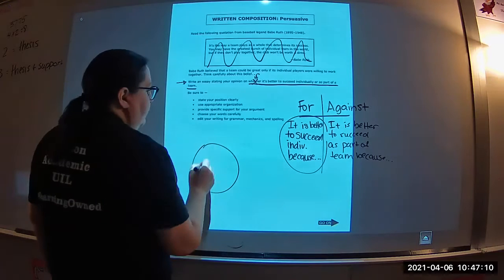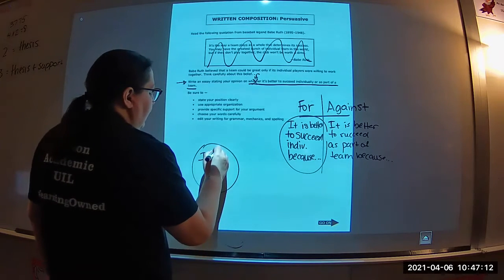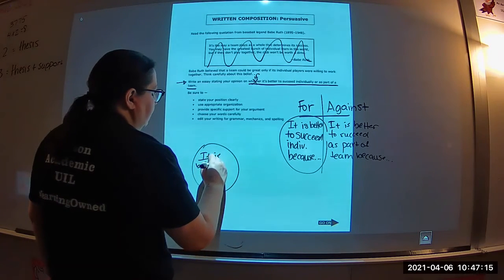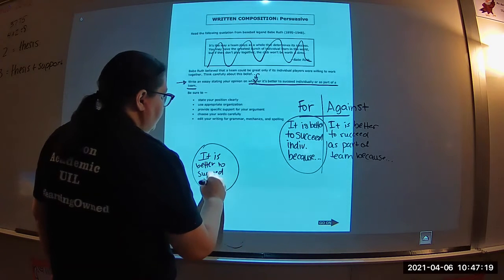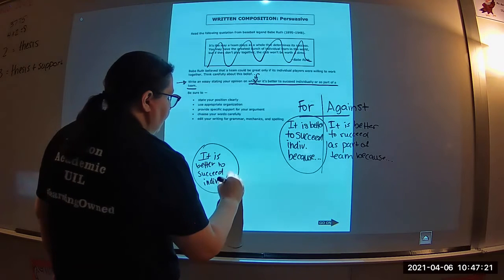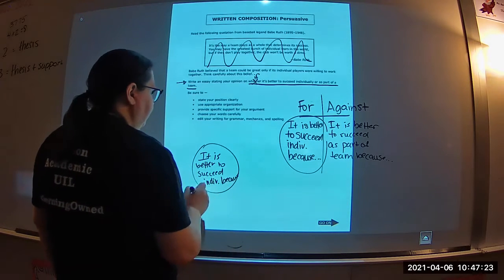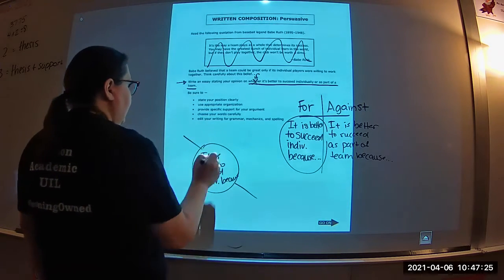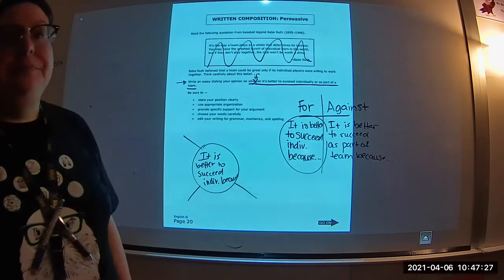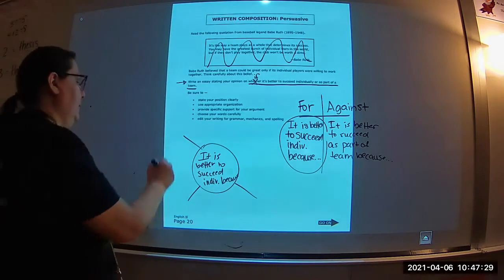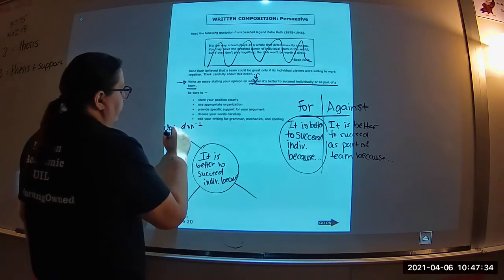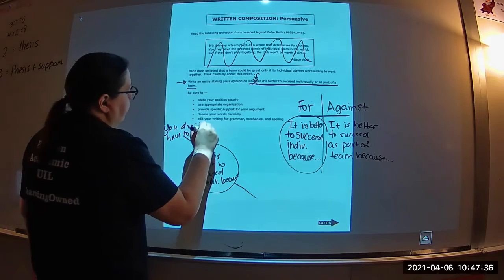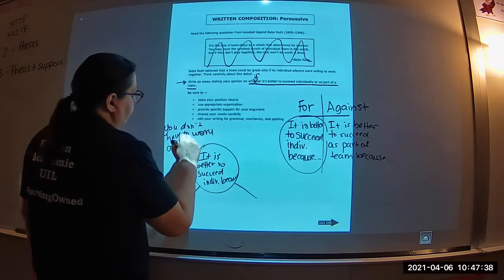So this is what you're gonna do. It is better to succeed individually because why? Give me some reasons. I need at least 3. Individually, because you don't gotta worry about nobody else. You don't have to worry about anyone else.